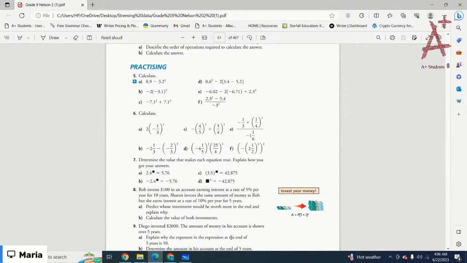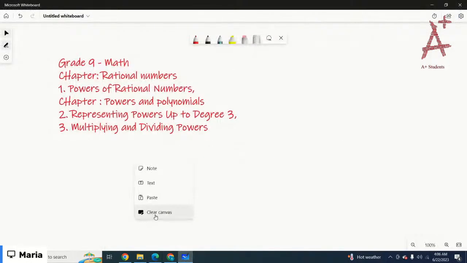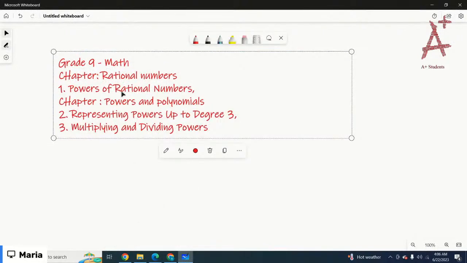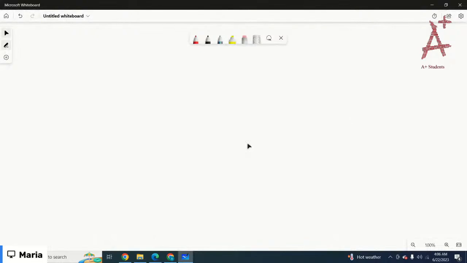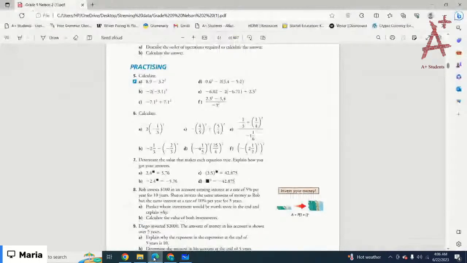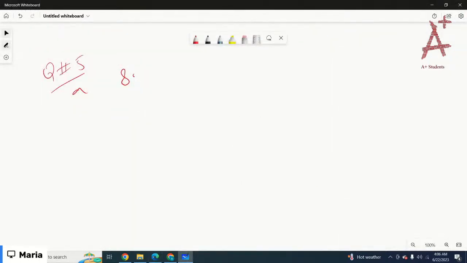Okay, let me just write it down. Question number 5a, that is 8.9 minus 3.2 square.